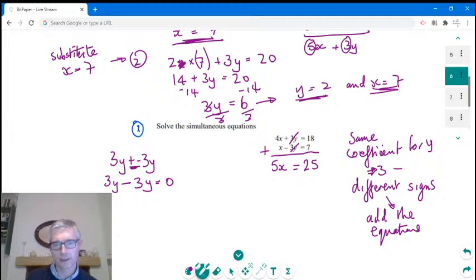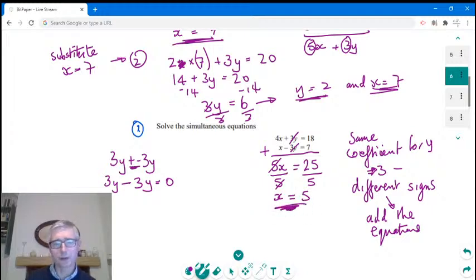So we've added the second equation to the first equation. If 5x equals 25, we want to get x on its own, so we divide both sides by 5, and the 5's disappear. We end up with just x on the left-hand side, and 25 divided by 5 gives me 5.